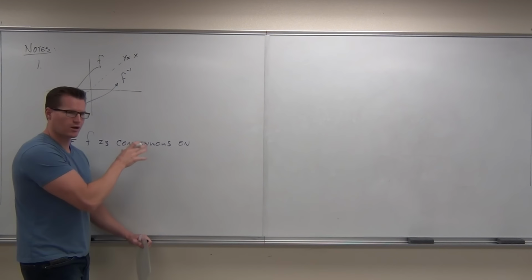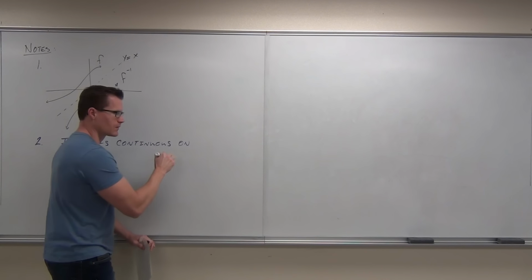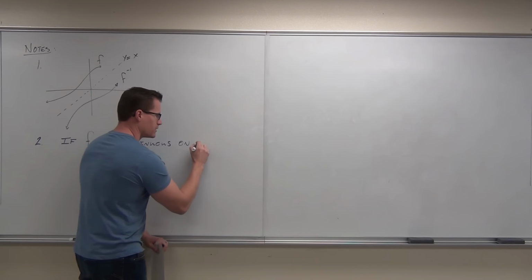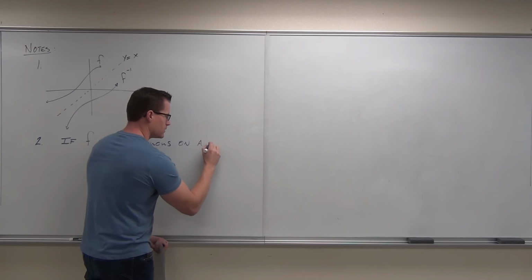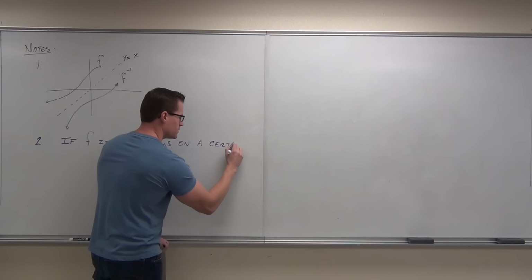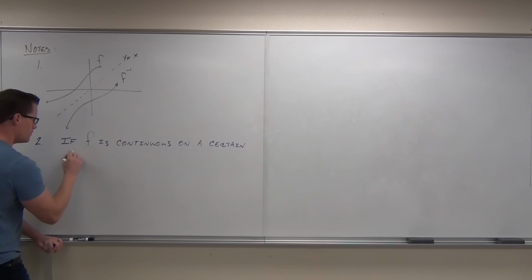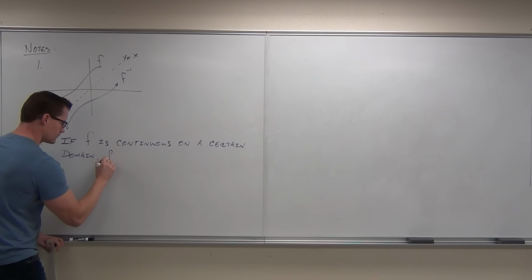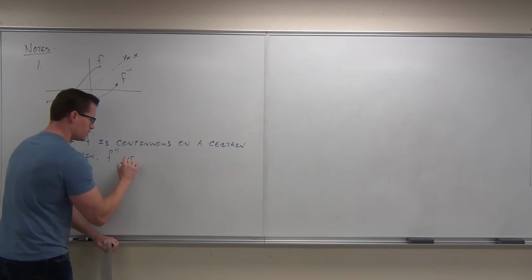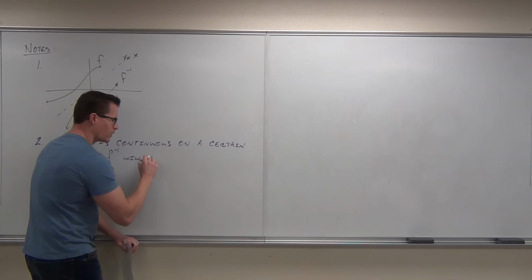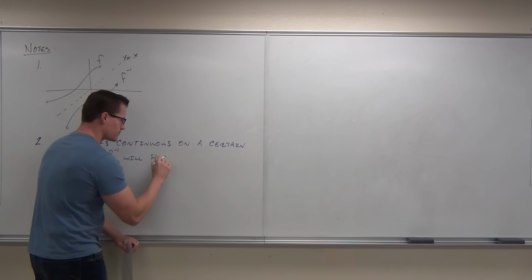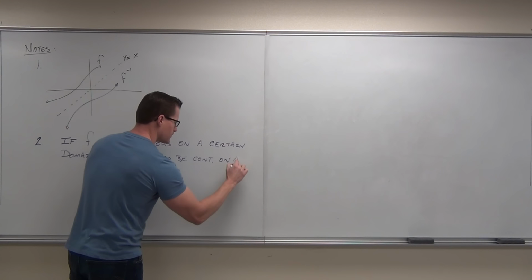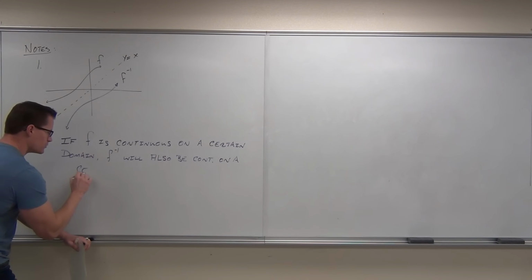This means that where it's continuous, and I'll explain the rest in a minute, where it's continuous, so if f is continuous on a certain domain, f inverse will also be continuous on a certain domain.